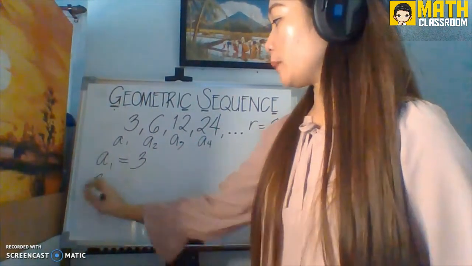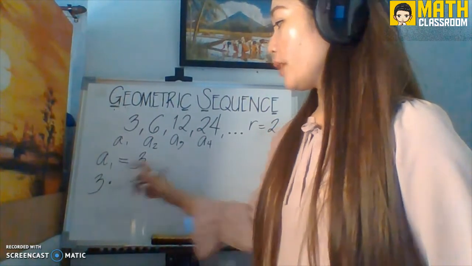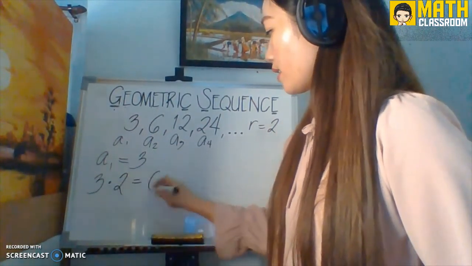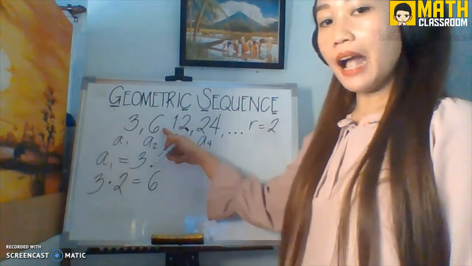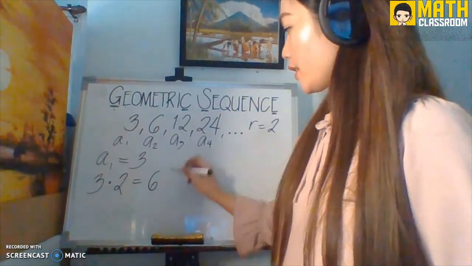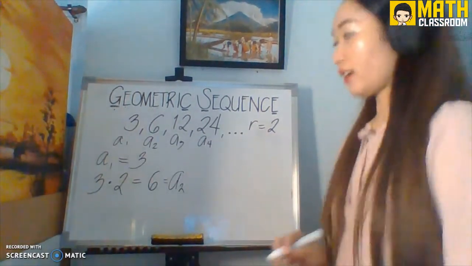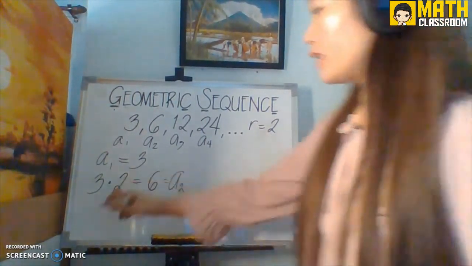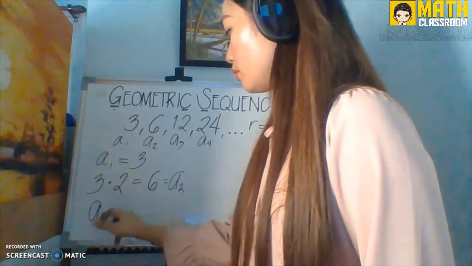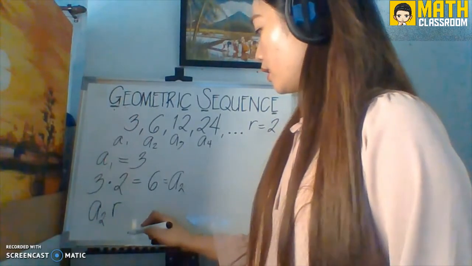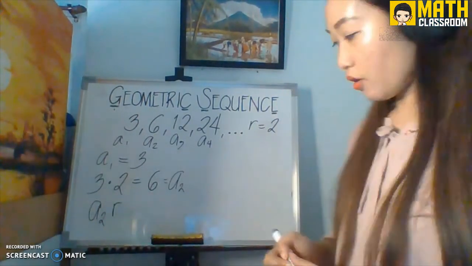So if we multiply 3 by the common ratio, which is 2, we will get 6. And 6 is our a sub 2.